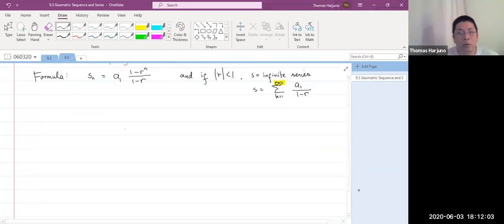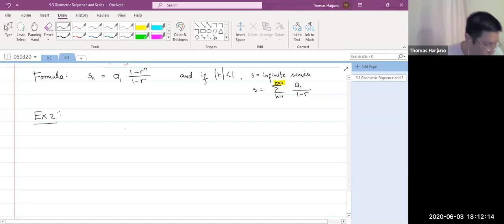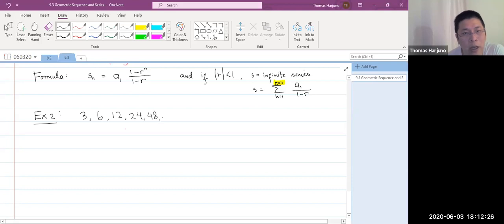Let me do one example first. If you want to see the technical proof for that, again, you go back to my Precalculus lecture. But I give you examples here, which is better. Suppose I have 3 and then 6, I multiply by 2, multiply by 2, multiply by 2. And then I want to find S sub 10, which is the sum of the first 10 terms.